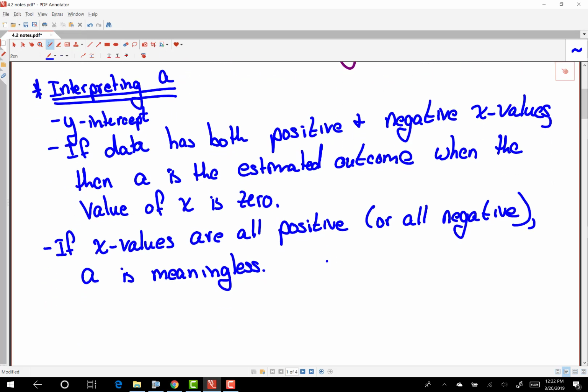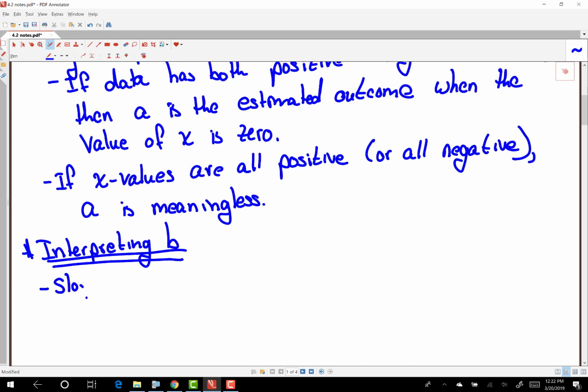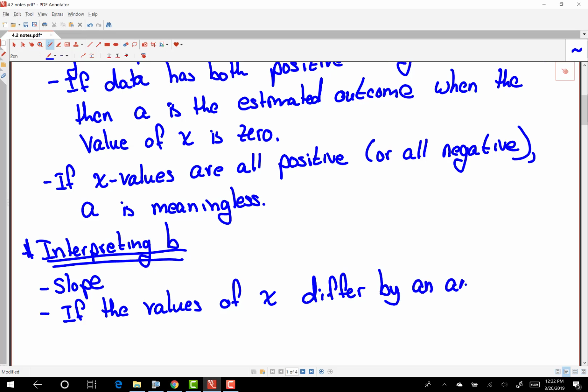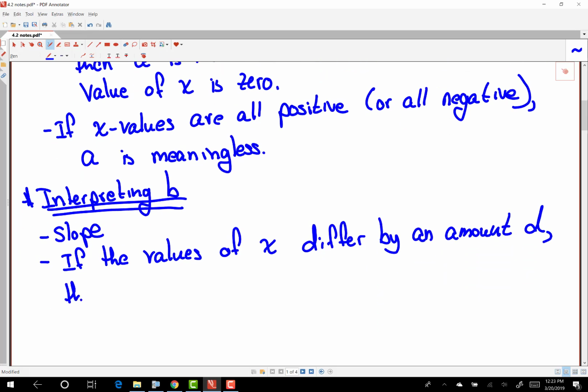Okay, and then for interpreting b, b is more important, it's the slope. If the values of the explanatory variable differ by an amount, so we'll say if the values of x, that's the explanatory variable, differ by an amount d, we're just going to denote it by d, but it'll be some number, then their predicted values, the y values, will differ by the slope times d.